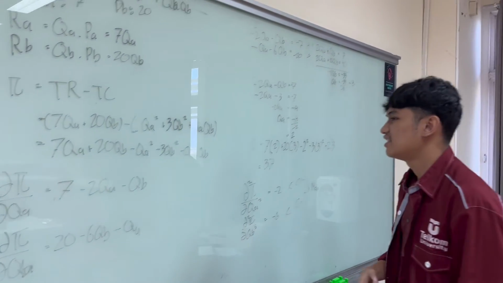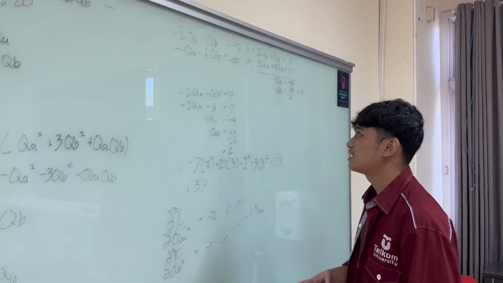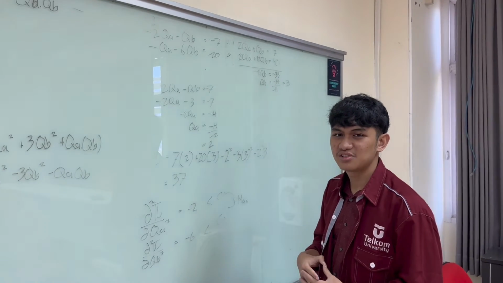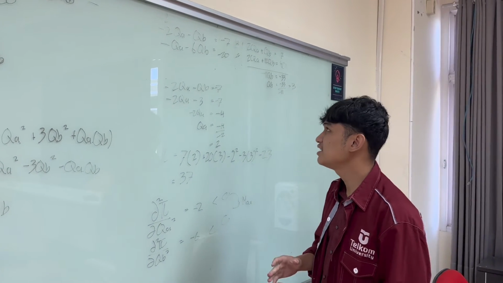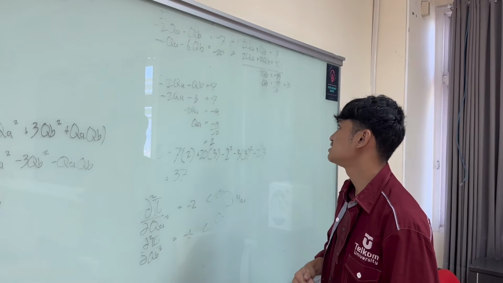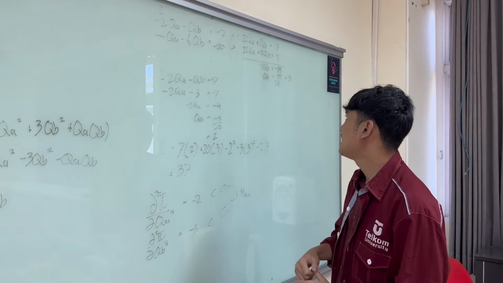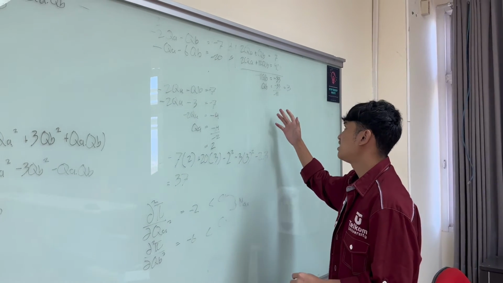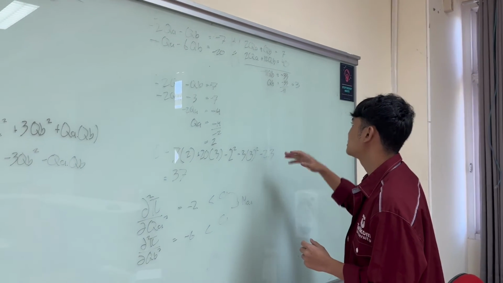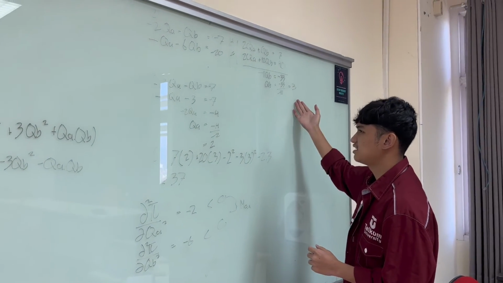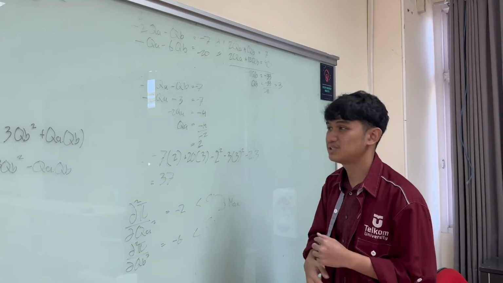And then we need to do what we call elimination and substitution. Firstly, we do elimination first. I think you already know how to do elimination, and we found that QB is 3. Then we do substitution.